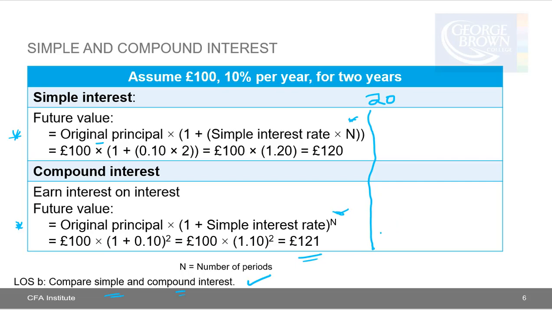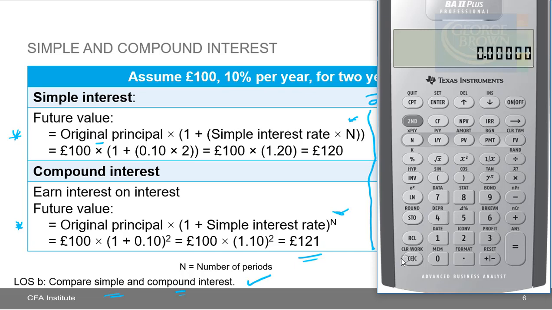when we're earning interest on interest, or earning compound interest, okay? So let's just bring up the calculator again and do that for 20 years. Starting within the bracket, the simple interest rate is 10%, 0.1. We're going to multiply that by 20 years, and we're going to add the 1. So I'm working within the bracket here.